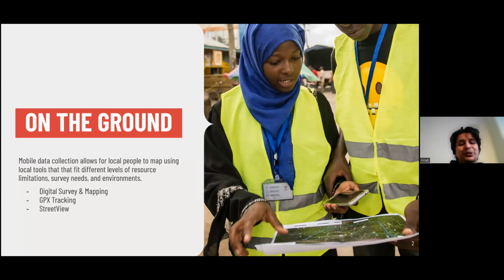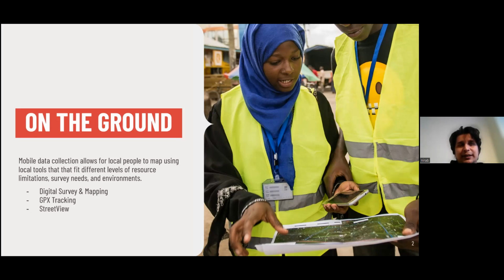So you need to go in the field and collect those data. So mobile data collection allows you to do that and get all the information from the ground itself.